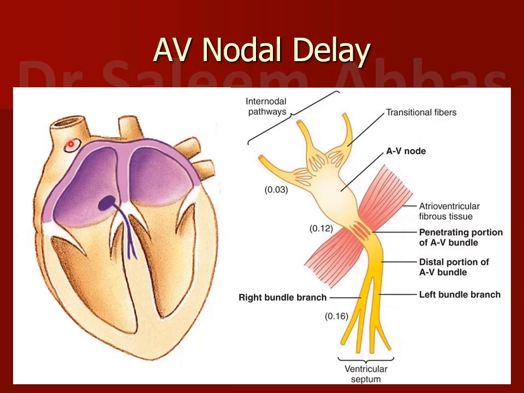Now the impulse originates in the SA node, passes through these internodal pathways, and reaches the AV node. By the time it enters the AV node, 0.03 seconds have passed. In the AV node the impulse is delayed.